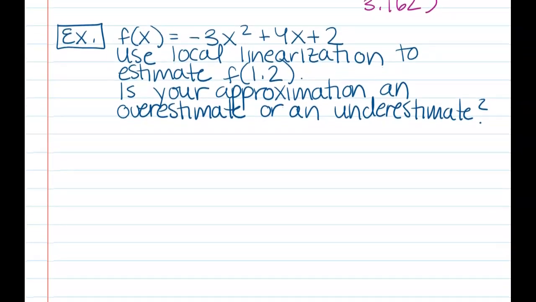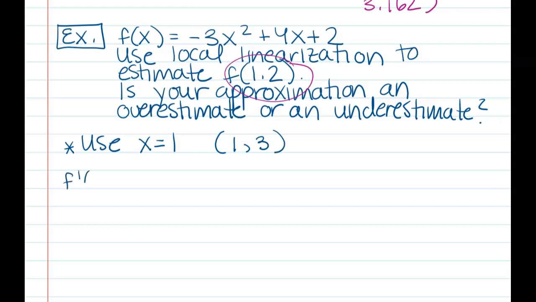To start with, we're trying to estimate f of 1.2. So we're going to use x equals 1 because 1's pretty close to 1.2, and I can fairly easily find f of 1. So f of 1 is negative 3 plus 4, which is 1, plus 2, which is 3. So our point is 1, 3.